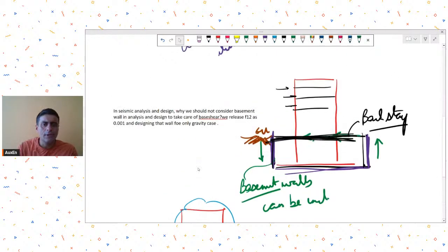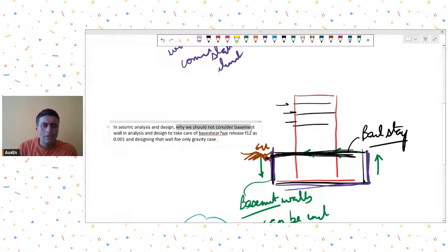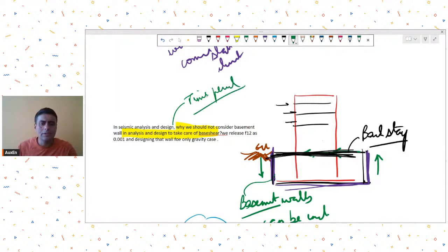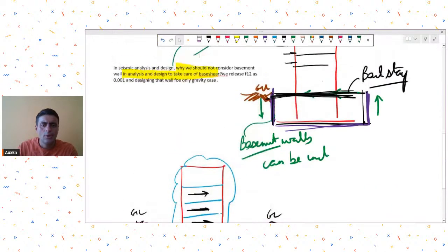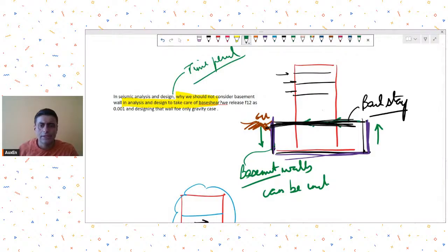So this statement that you have made, why we should not consider basement walls in analysis and design to take care of base shear, I think this is an incorrect statement. We do consider basement walls effective in taking care of base shear. You must be getting confused with the time period calculation. For time period calculation, your code says under which condition you need to take which heights.